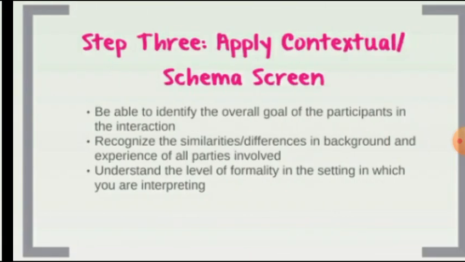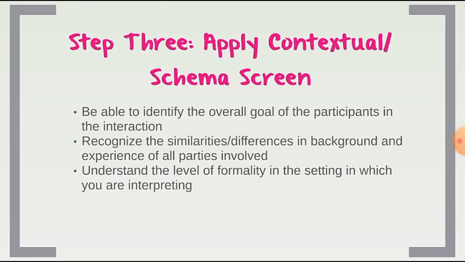Then step 3 is apply contextual schema screen. First, be able to identify the overall goal of the participants in the interaction. So here you have to know what the goal is, what you want to interpret, who you want to interpret, what they want.